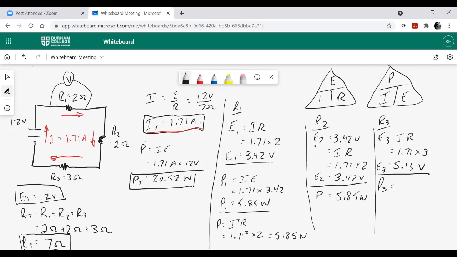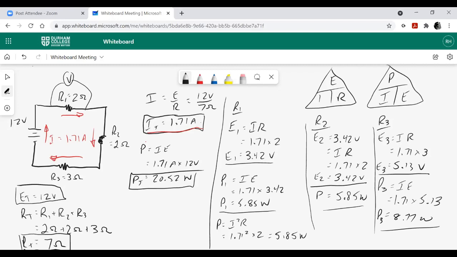Okay, so P3, P equals IE, so 1.71 amps times 5.13 volts. P3 is 8.77 watts. Okay. And same thing, we solved here for my total power, 20.52. If I add these up, 5.85 and 5.85 gives me 11.7 and 8.77.